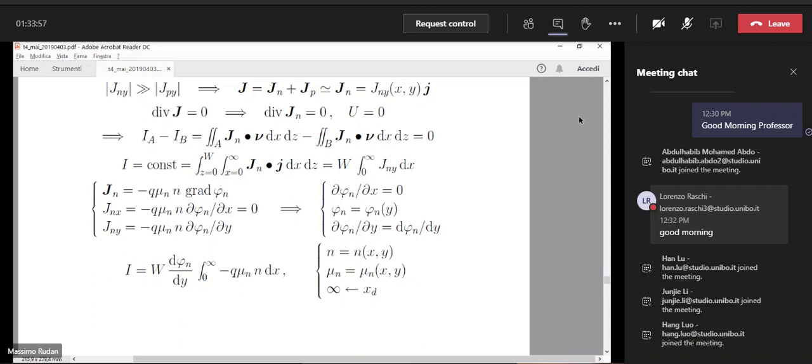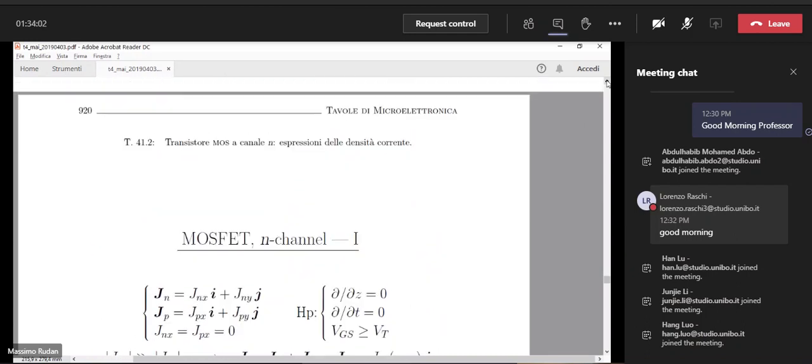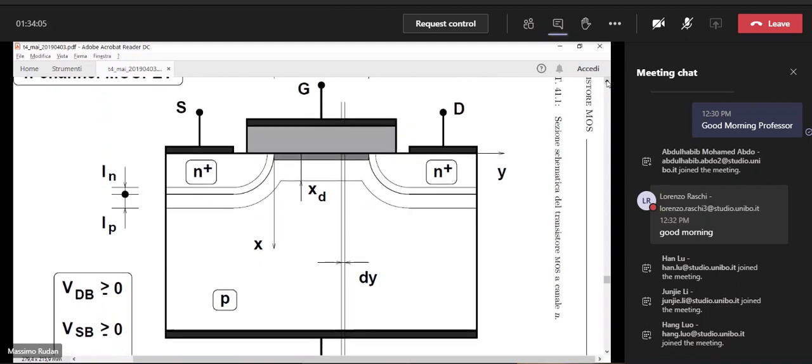Now we introduce another simplification. And this simplification is that when we integrate over x, it is useless to continue the integration in the neutral region. We can limit the integration in a region near the channel, because we are calculating a current that flows horizontally near the surface.